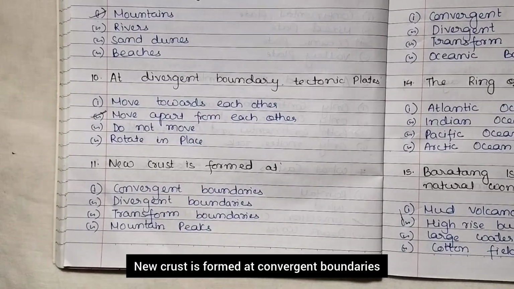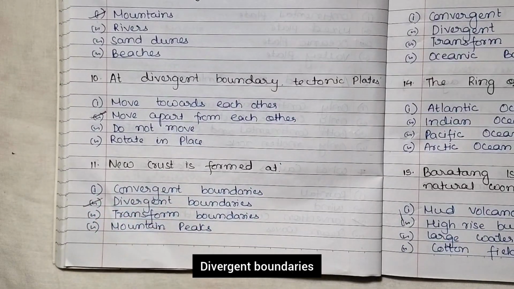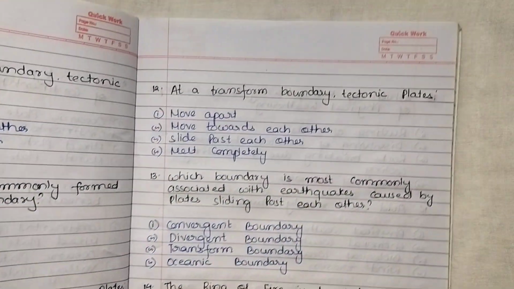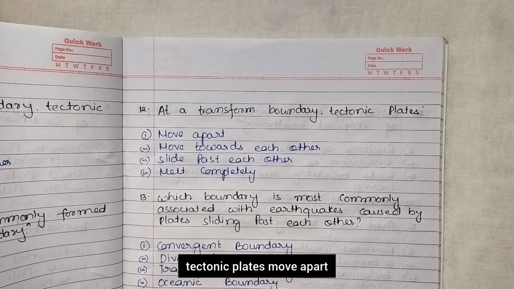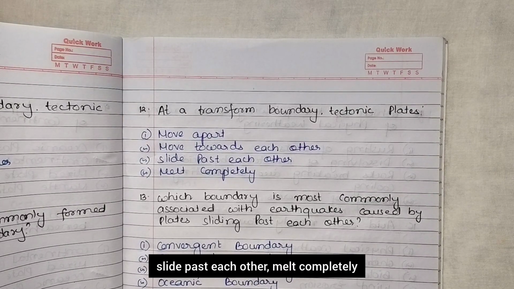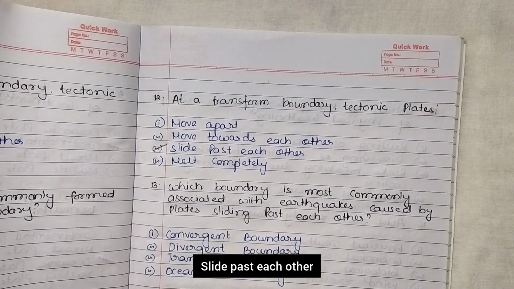New crust is formed at convergent boundaries, divergent boundaries, transform boundaries, mountain peak. Divergent boundaries. At a transform boundary, tectonic plates move apart, move towards each other, slide past each other, melt completely. Slide past each other.